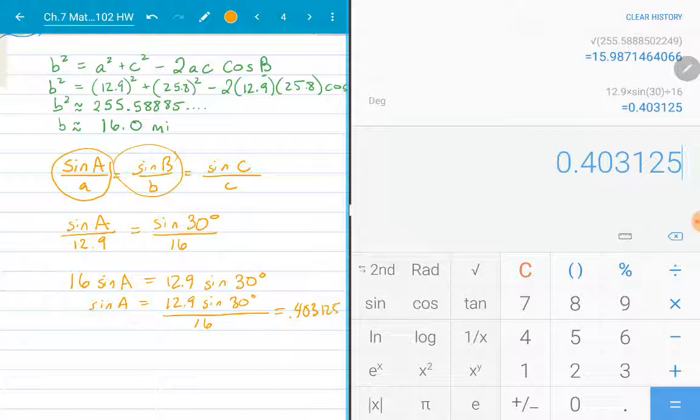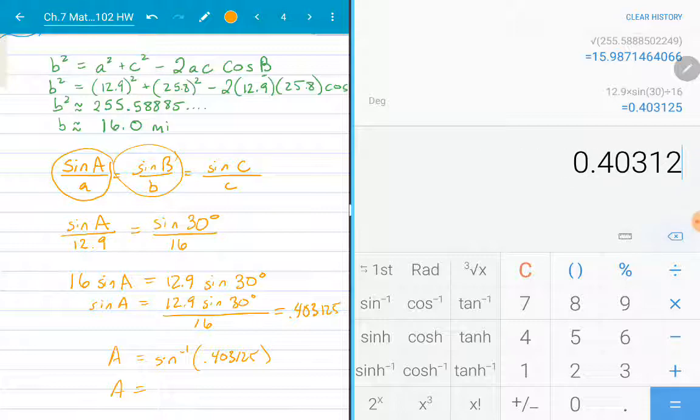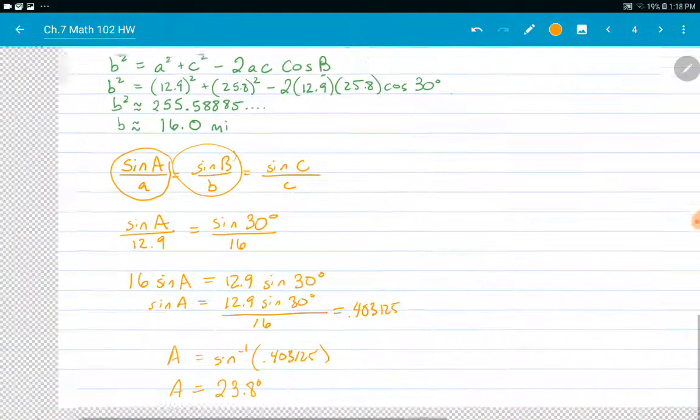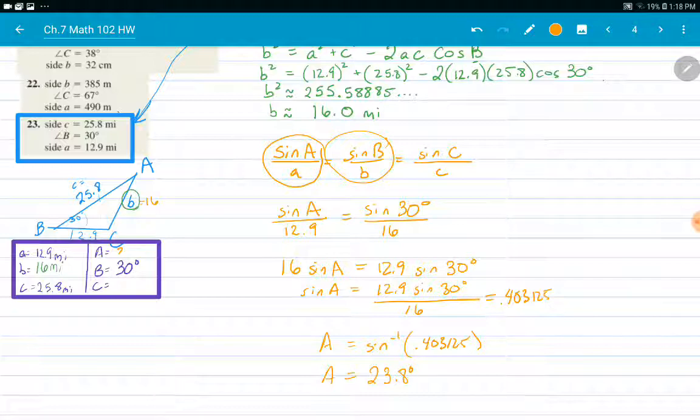But remember, that's the sine of A. So to get A, I'll take the inverse sine on both sides and get 23, and going to the nearest tenths again, that's 23.8 degrees. Okay, so that is step 2.